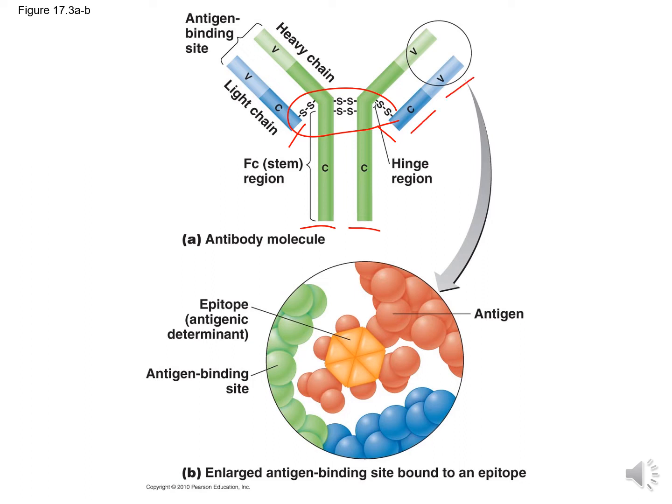The variable region of the light chain and the variable region of the heavy chain make up the antigen binding site, which has a particular structure that fits perfectly the epitope of an antigen. So when the antibody binds to the epitope of an antigen, we say the antibody is recognizing that antigen.